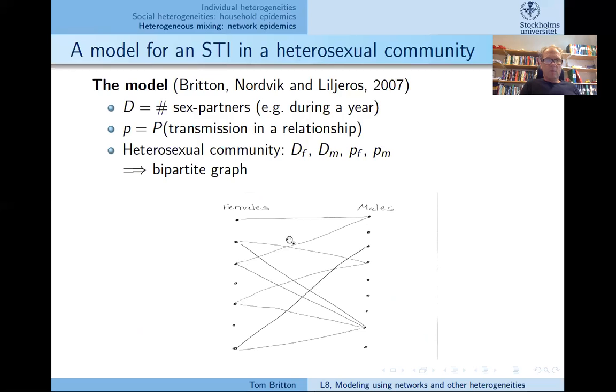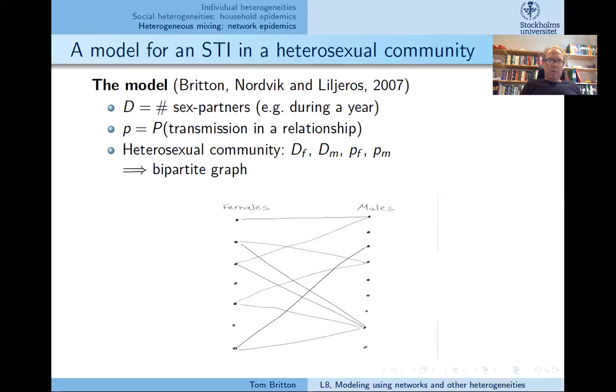And then your model says that if this individual is infected, she infects that male with probability PF. And if this male gets infected, he infects that female with probability PM and that female independently with probability PM. And then it goes on like this. This is called a bipartite graph, by the way.